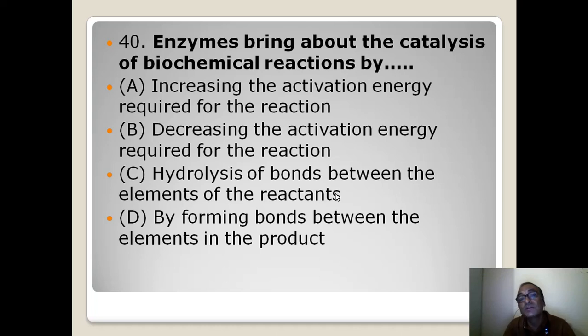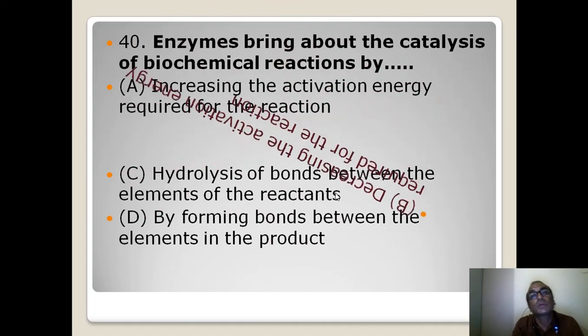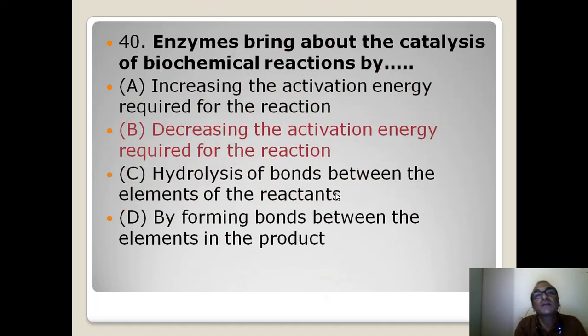At that temperature the reaction should occur. So the heat required for the reaction has to be decreased. The energy required, activation energy we call it, has to be reduced, so the reaction takes place at body temperature. That function is done by the enzymes. So that's why B is the right answer.